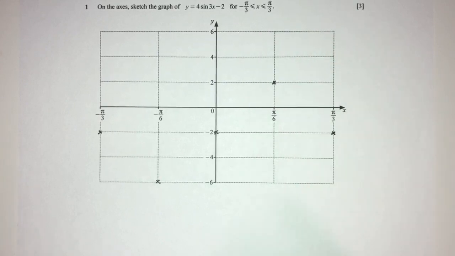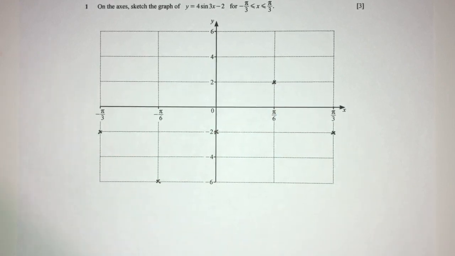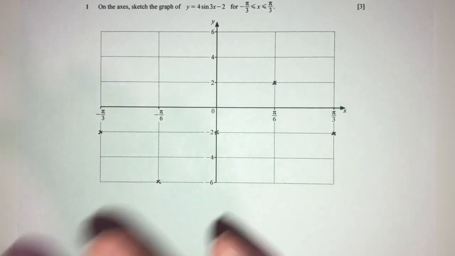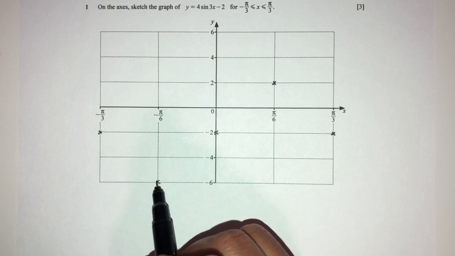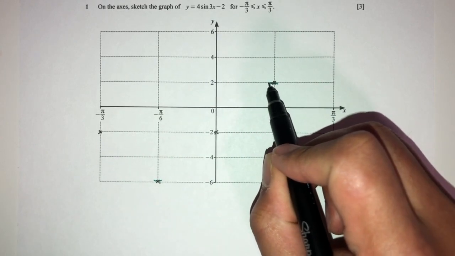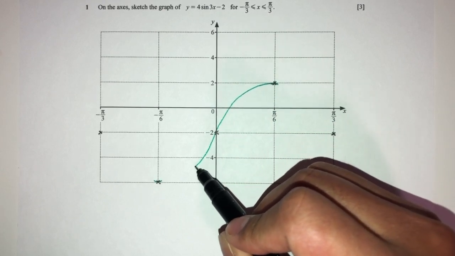Okay, as you can see, this will be the shape of my graph. So let's try to join those with a smooth curve. So try your best. Again, use a pencil, obviously, because if you make any mistakes, you can always correct it on the graph very easily. This is my max point. So it should look something like this.